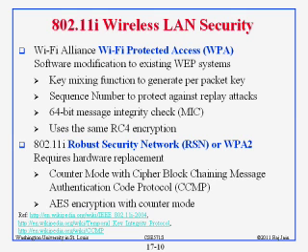Now WPA2, on the other hand, uses the latest in encryption, which is AES with counter mode, and for integrity, it uses AES again with counter mode cipher block chaining.